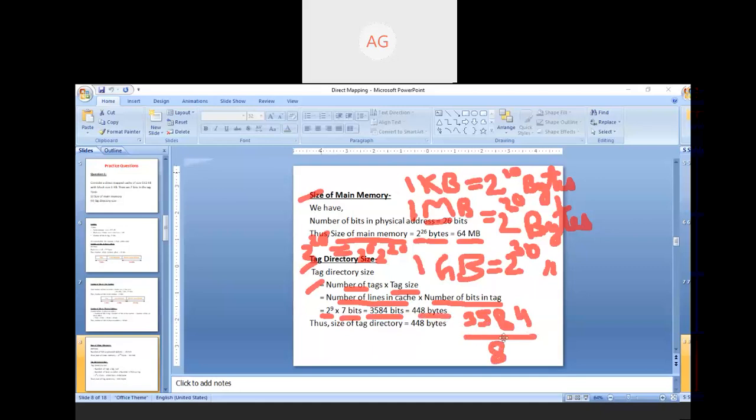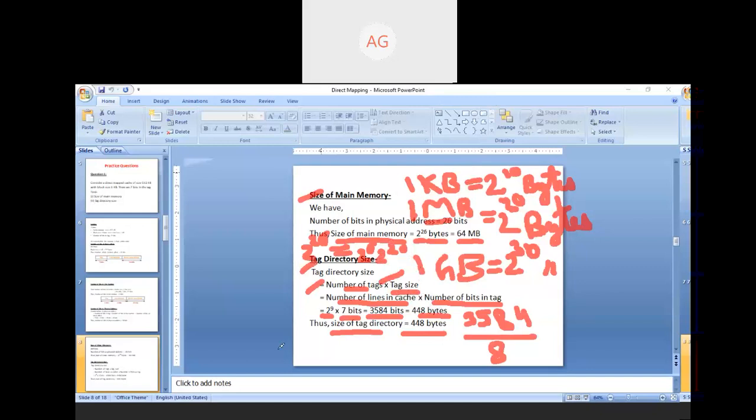Once we divide it by 8, we get the size of the tag directory as 448 bytes. So by using the formula number of tags times tag size, we get the tag directory size. Just write this formula in your copy. By using this formula, we get the tag directory size, which is the second part of the question.